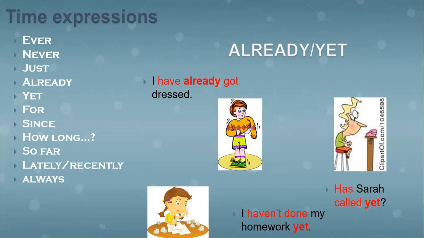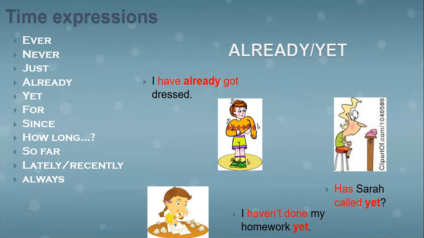That means not once in my life I have tried this thing. So ever is used in the question and never gives the negative meaning. And both of them mean even once or not even once. Have you ever tried this? Like even once in your life? So you say, no, I have never. That means no, not even once in my life.